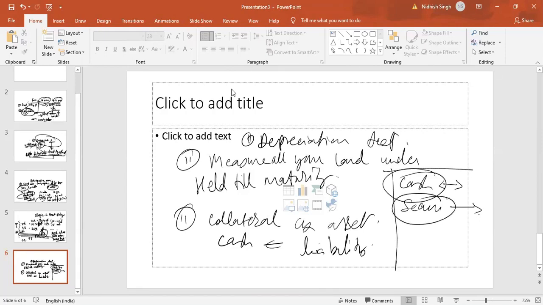But you might change the policy. You can say that, okay, all the cash is a liability and all the security is your asset, right? That can be a change in your policy. And if you do so, you need to implement that retrospectively. Similarly, there are various such policies which can change from time to time.